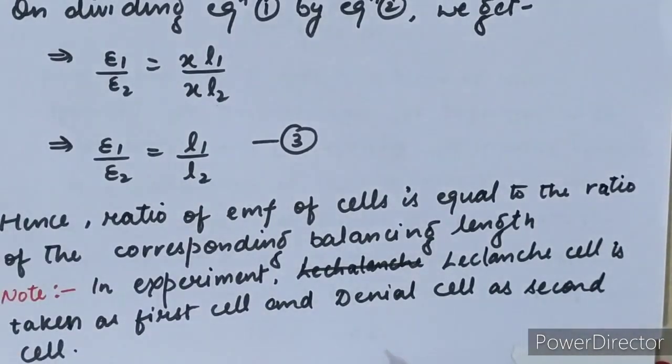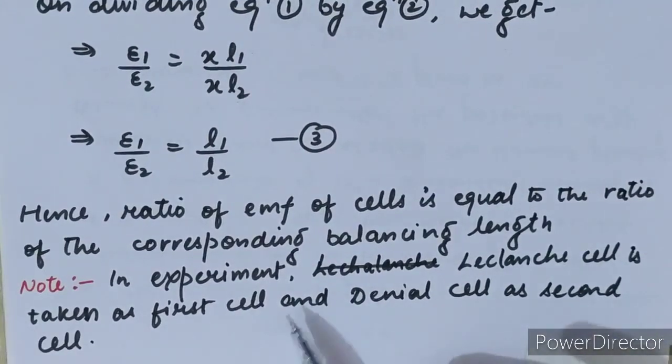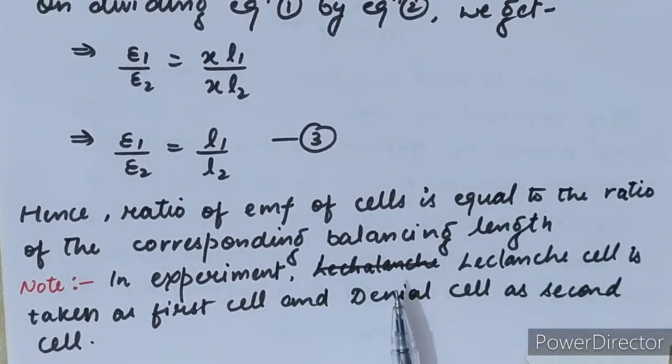The two cells which we have to compare are the Leclanche cell, the first cell of EMF E1, and the Daniell cell, the second cell of EMF E2.